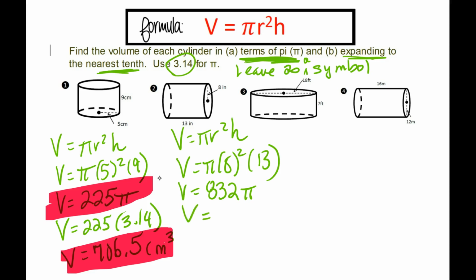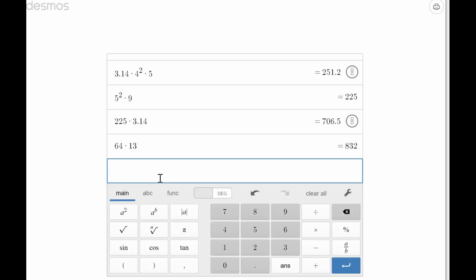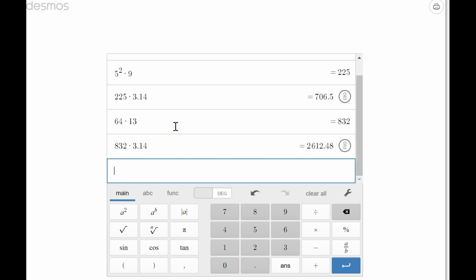Now let's find the volume. To find the volume, we take the 832 and multiply it by 3.14. I think I'm going too fast. I'm sorry if I'm going too fast. All right, 832 times 3.14 gives you 2,612.48, but we are rounding.